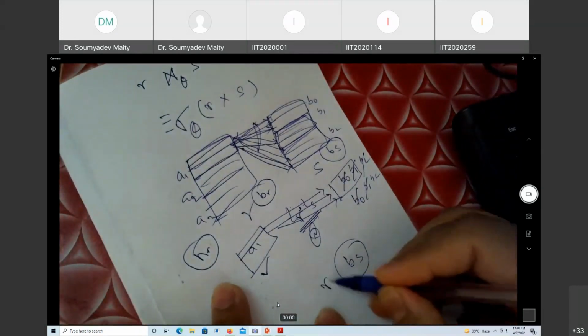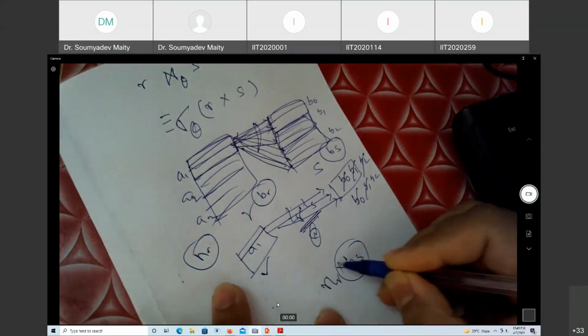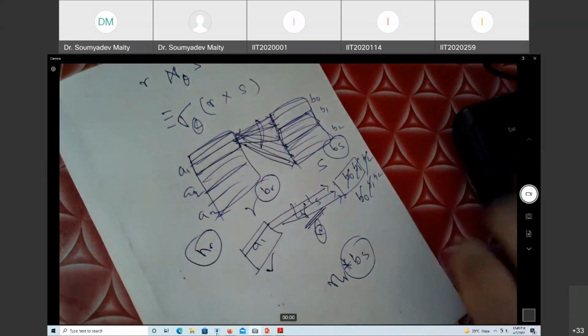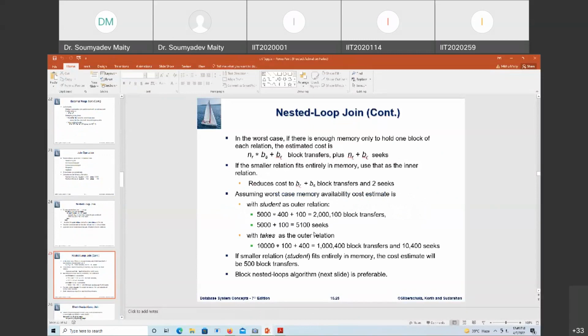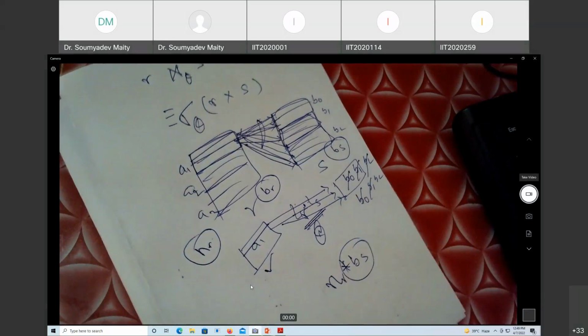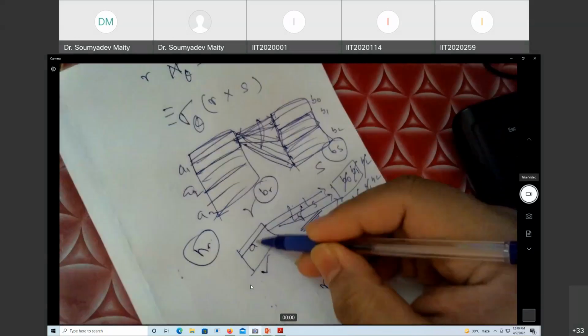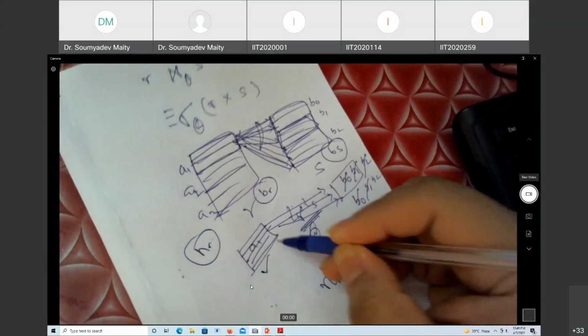So that means NR into BS. NR into BS, these many block transfers will be required, right?